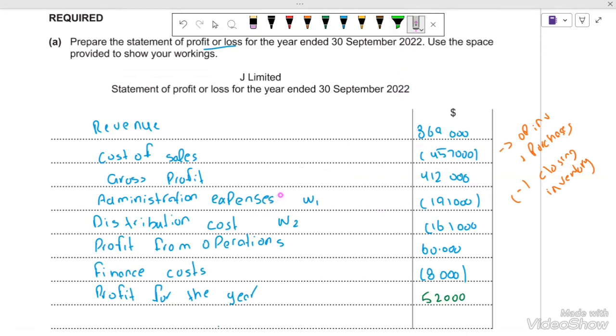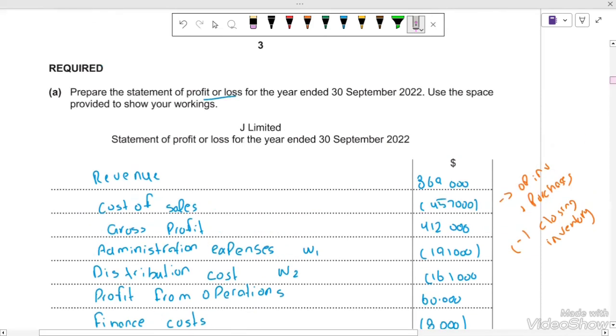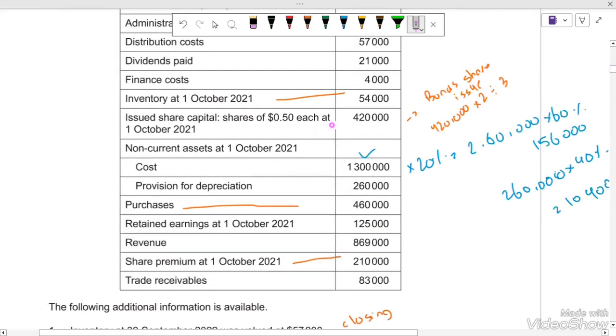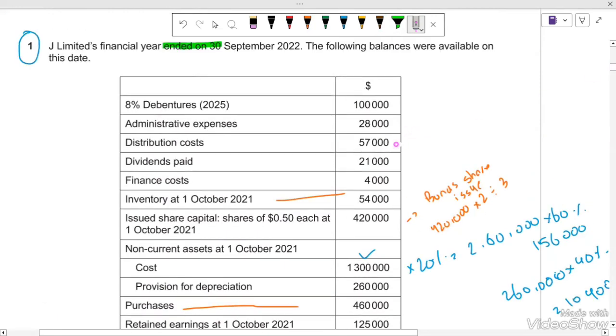We have to make some adjustments in administration and distribution cost, or you can say the distribution expenses. As you can see, in our trial balance we have distribution cost, which is 57,000, and administration expenses, which is 28,000.